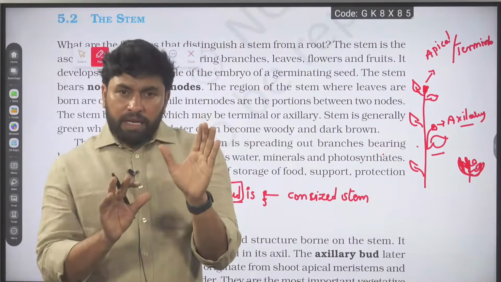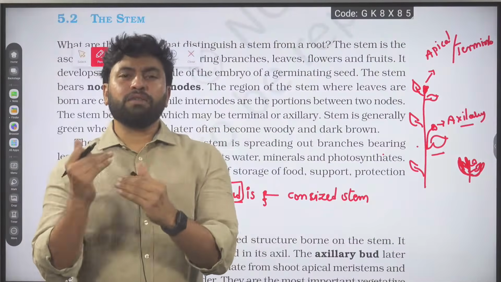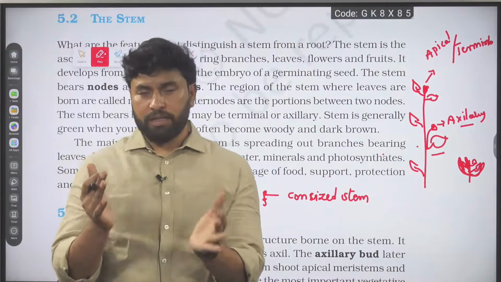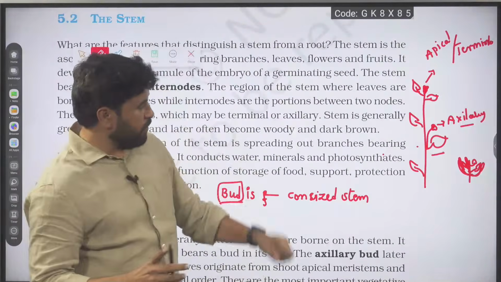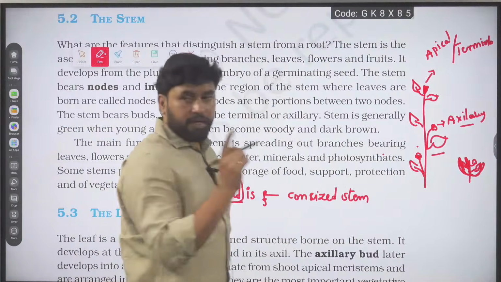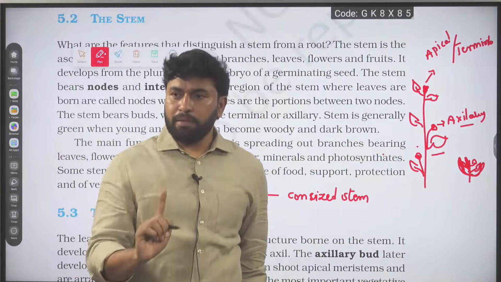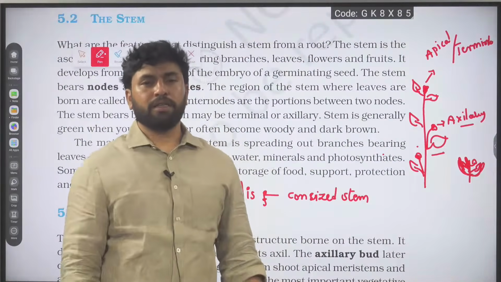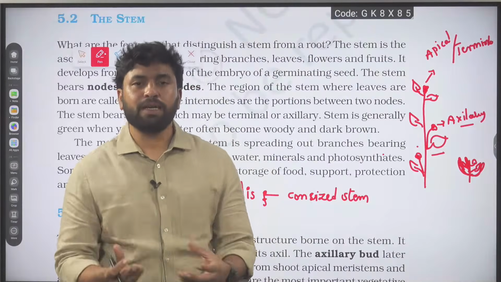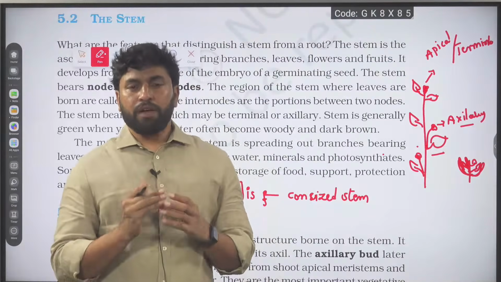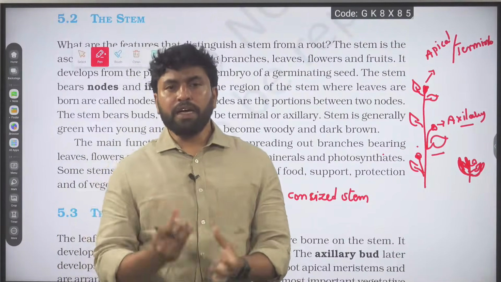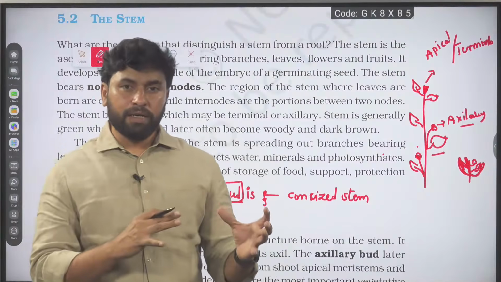But in any requirement of other organ formation, bud may have the ability to modify into other organs. What does it mean by that? Think about this one. This is an axillary bud. If you wanted to make a branch from the axillary bud, it is possible, because a branch can develop from the bud, because bud is nothing but a concised stem, and if by any nature you wanted to develop any kind of flower from that bud, it is also possible.